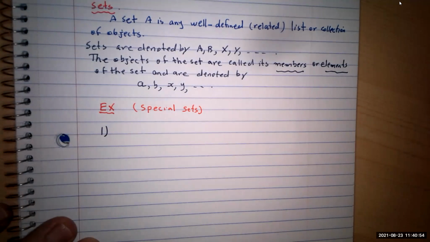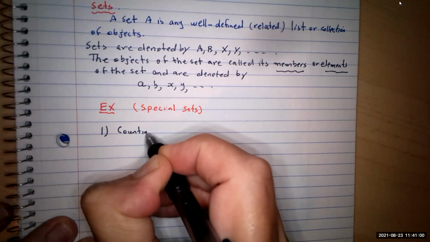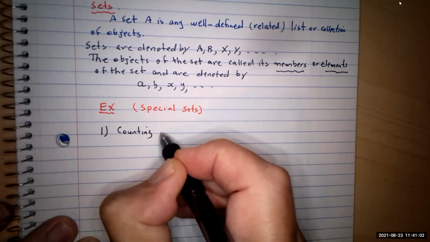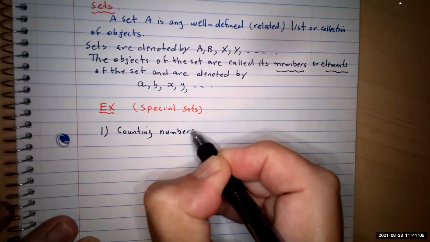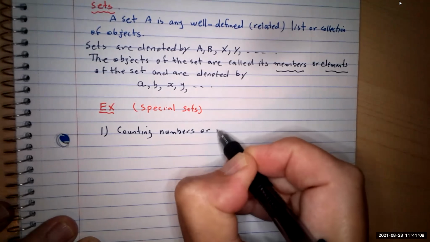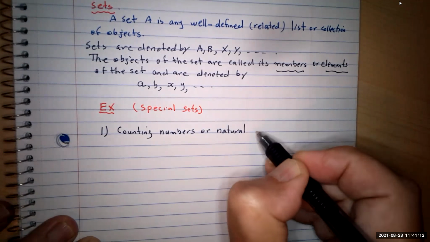The first one is going to be the counting numbers, or natural numbers, which is very important in this course. These are the numbers that we use to count.